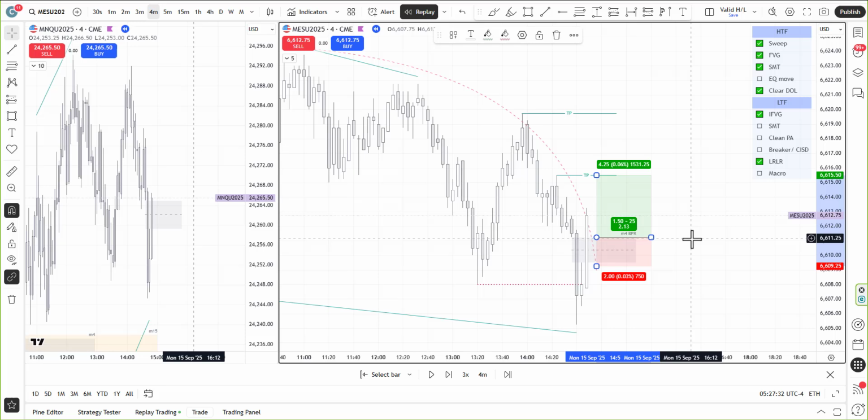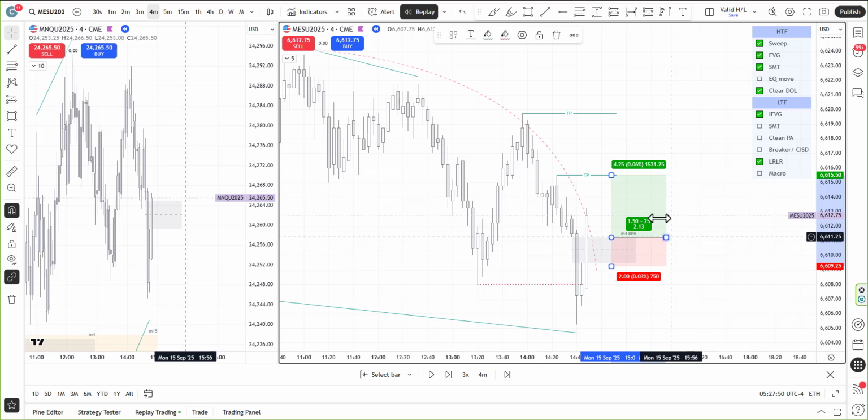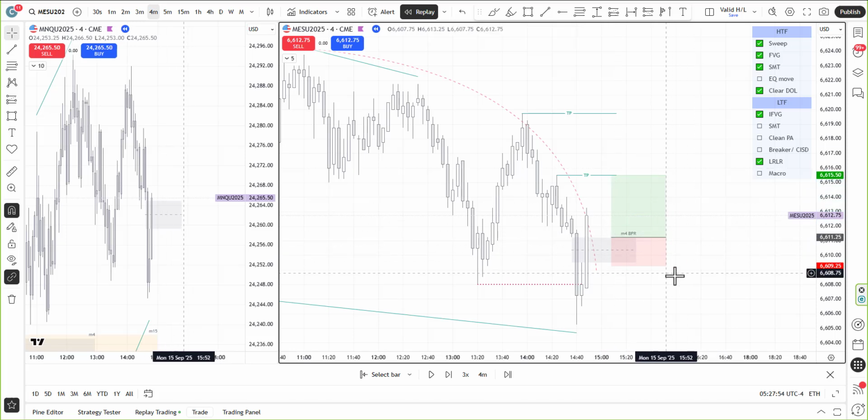And that mostly has to do with the fact that I use Apex, and Apex also has live drawdown. So for me there's no use going to 3R plus and then round tripping the whole move to break even, because that will only eat away out of my drawdown. So generally I take profits all the way when the move is actually occurring.